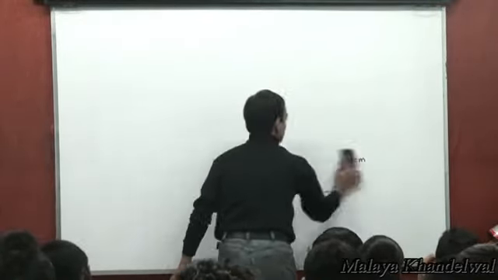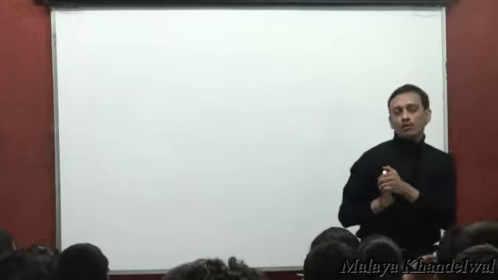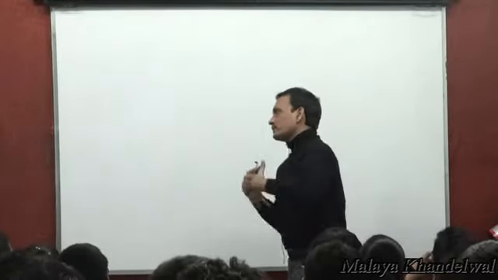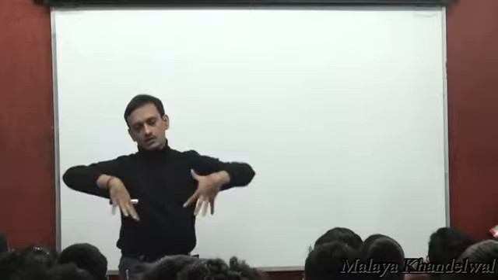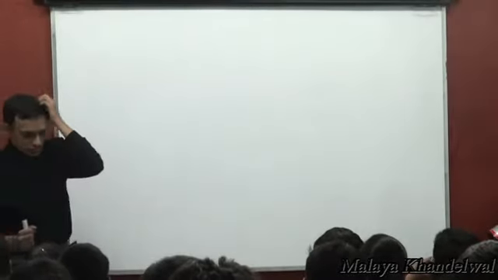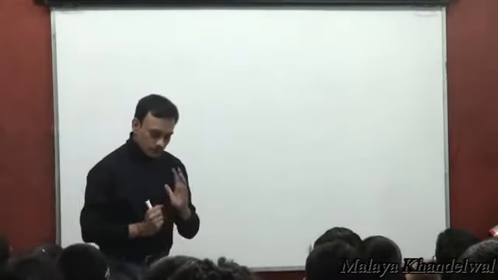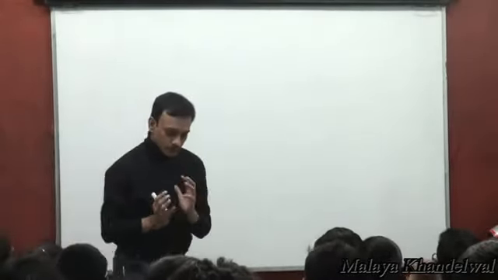Now, let me take an illustration. I told you in my last class that if there is a collection of particles, continuous or discrete, and if the only force acting upon them is the mutual force of interaction, and if the net of all external forces is zero, then the velocity of the center of mass must remain constant.